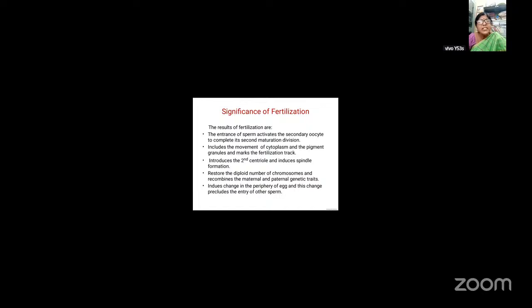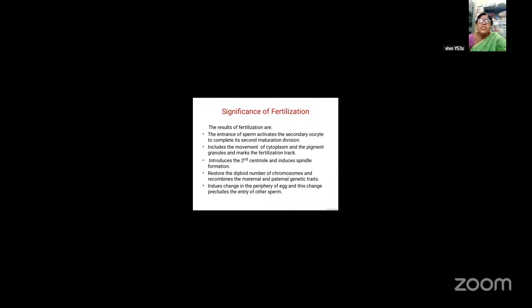That is why fertilization is a very important aspect, because gametogenesis should always be followed by fertilization. Fertilization results in the formation of the zygote, and this zygote further will undergo morphogenesis, that is further divisions.